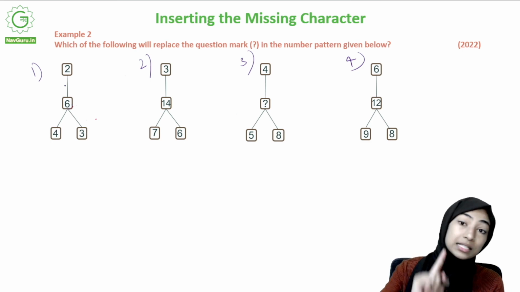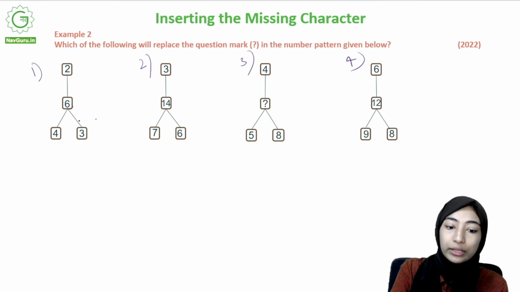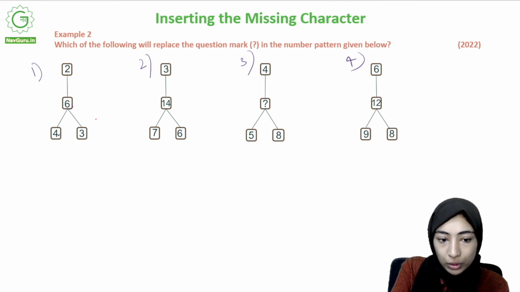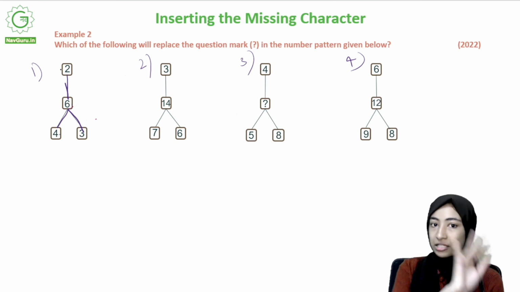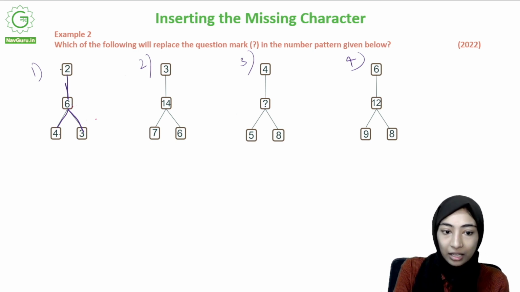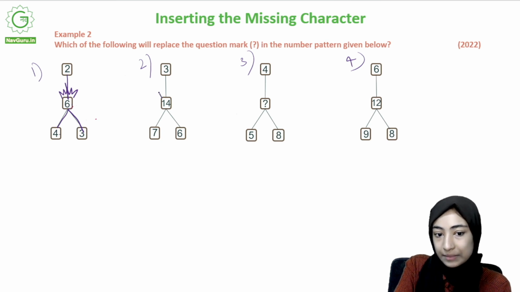In fact, 6 is the only number that is connected to all the other numbers, right? From 4, if you need to get to 3, the only way is getting through 6, 4 to 6 and 6 to 3. So 6 seems like the mainstream person. You could call it the king or the queen, right? So 6 is the one with the crown. It connects everybody else, right?